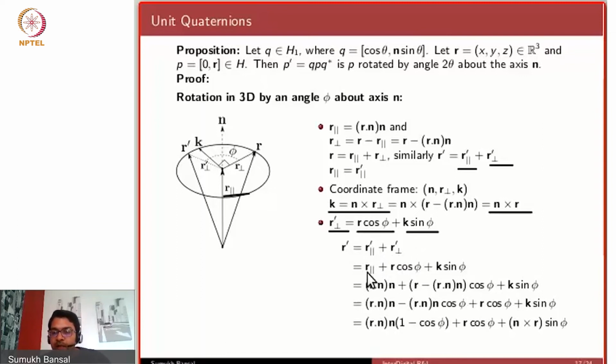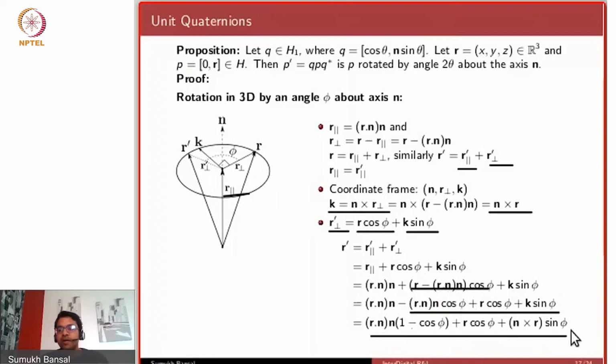Now r parallel is just the projection of r onto the vector n, and similarly if you put the value of r perpendicular and k in this expression, you end up getting this. Now if you expand this term over here, you multiply cos with r and then the second term, so you end up getting this. And if you rearrange the terms, this is the final expression you get.